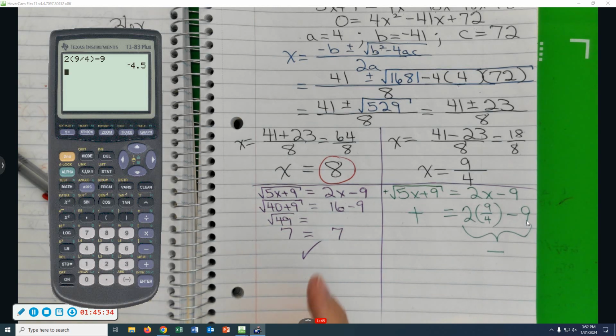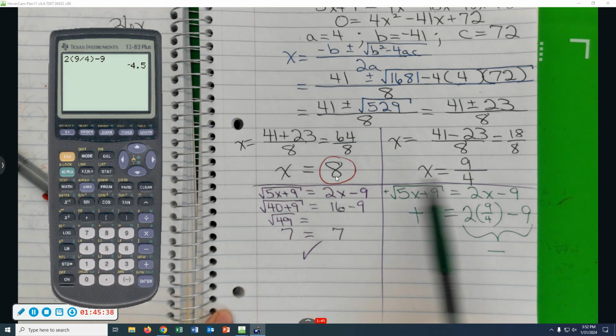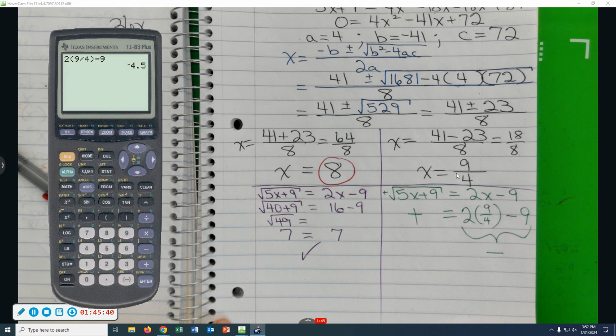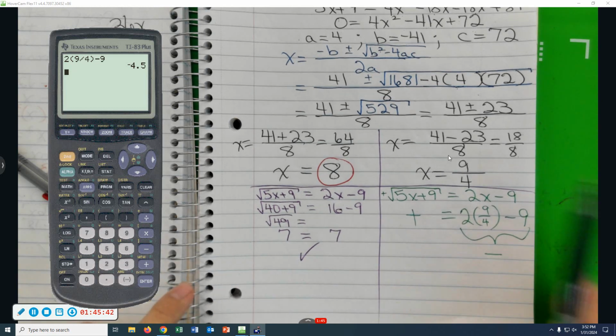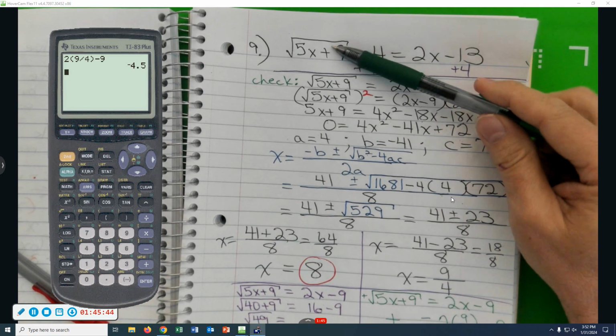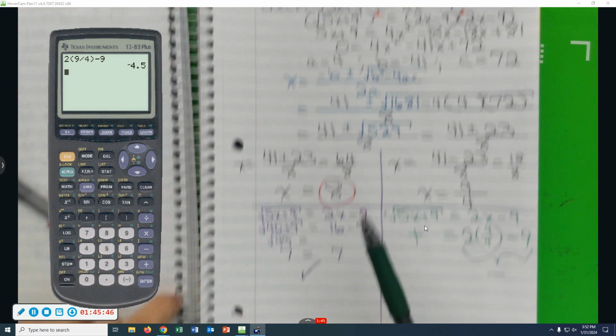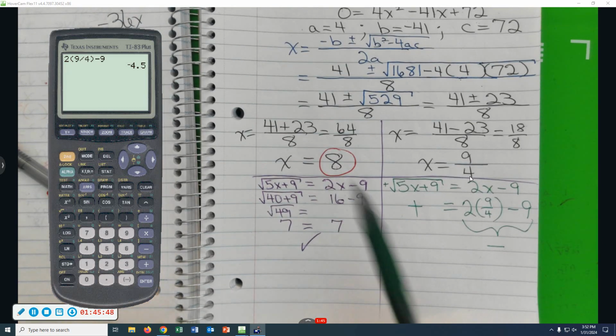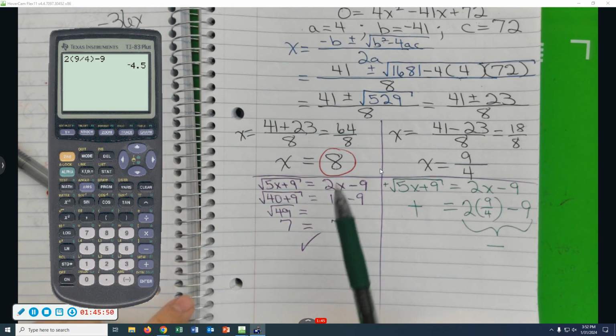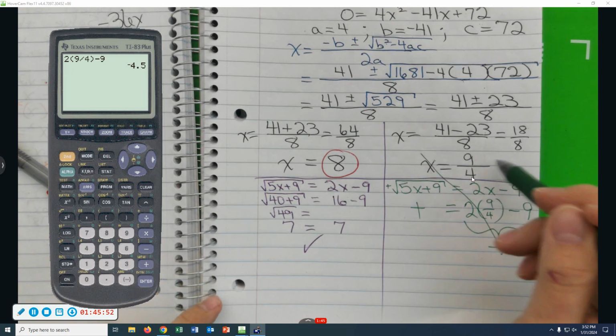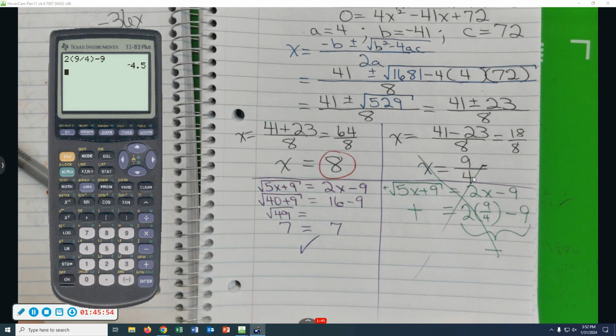It is extremely difficult to rig a square root equation where you get two possible numbers, neither of them check. If you have a square root equation and you have two possible solutions, odds favor one will check and one will not check. And that's something you might want to remember.